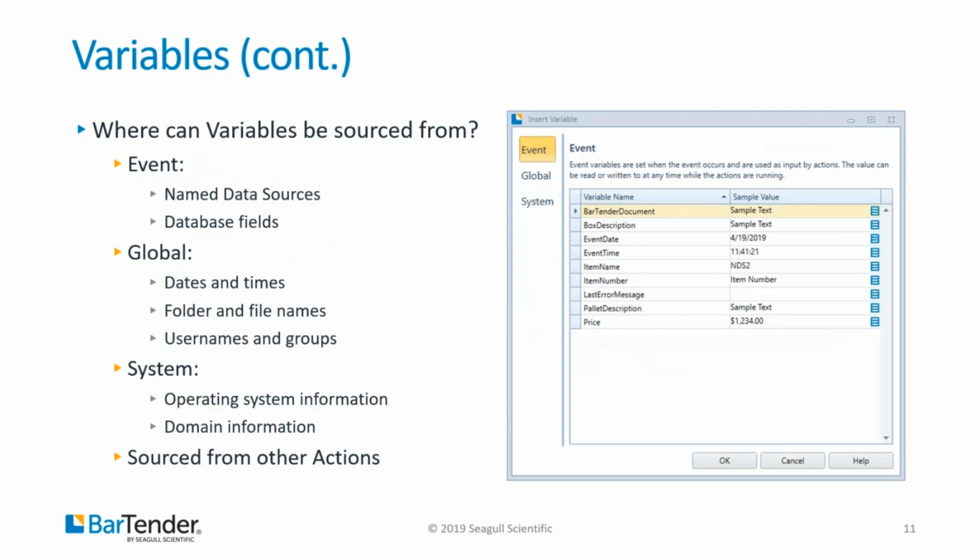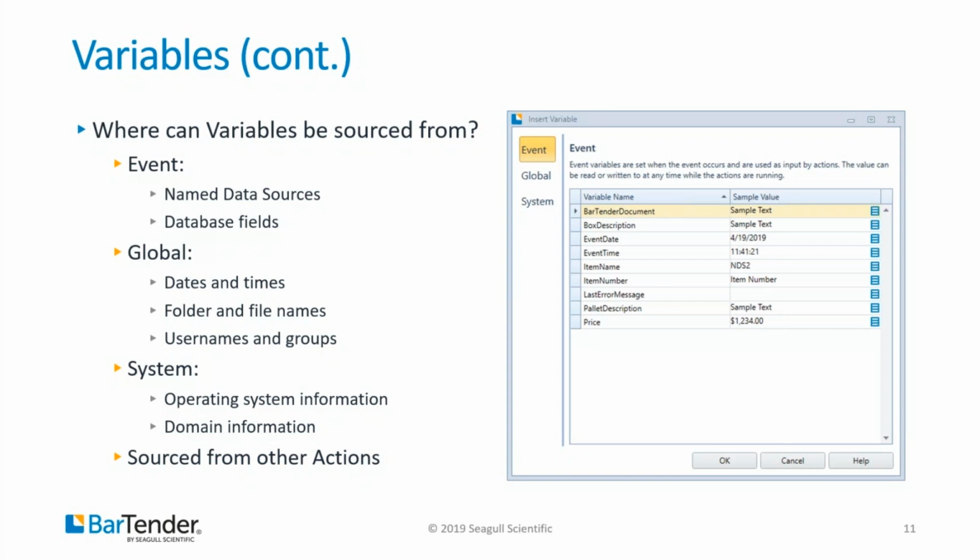So that's great. We can create variables and we can have them be dynamic. Now, where does it come from? How do they exist? How do they come up? How did I pick that serial number variable, for example? When you first create a variable, in the insert variable dialog, as you can see here on the right, you're going to have a few different categories. You're going to have the event, global, and system categories.